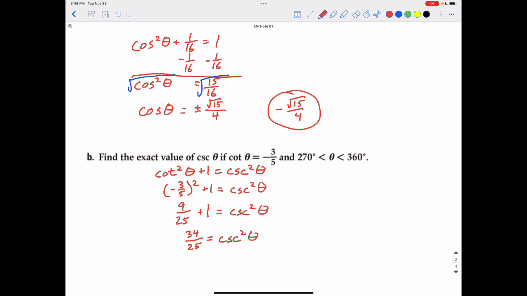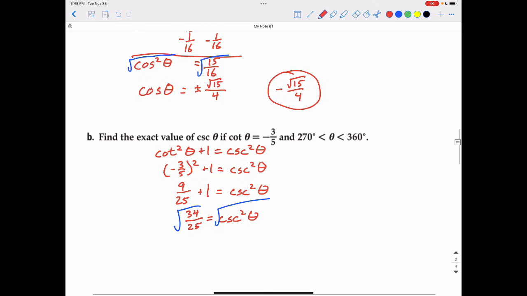Cosecant squared theta. And then I will take the square root of both sides. When I do, I have the square root of 34 over 5. That's what the square root of 34 over 25 is, plus or minus, of course, equals cosecant of theta.